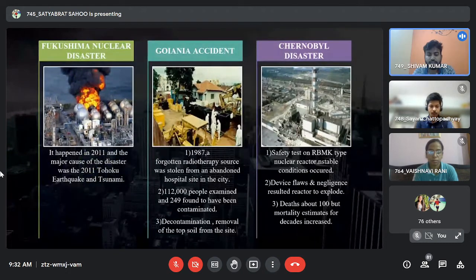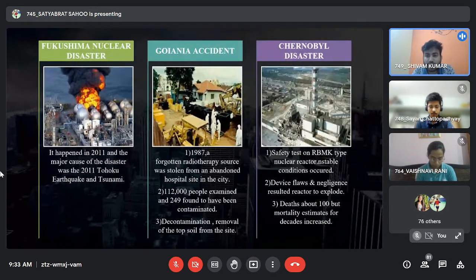So now I'm going to discuss major accidents that happened in history that caused radiation pollution. As we have seen, many accidents happen due to natural causes or man-made mistakes. First of all, I would like to present the Fukushima nuclear disaster. It was the 2011 nuclear accident at the Fukushima nuclear power plant in Japan.